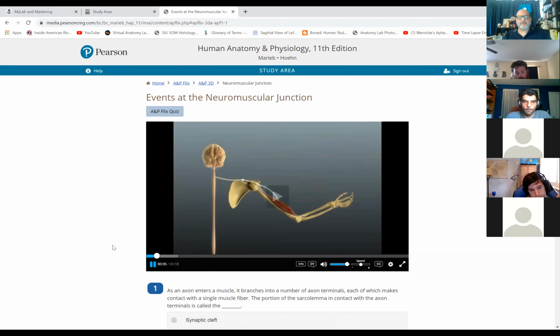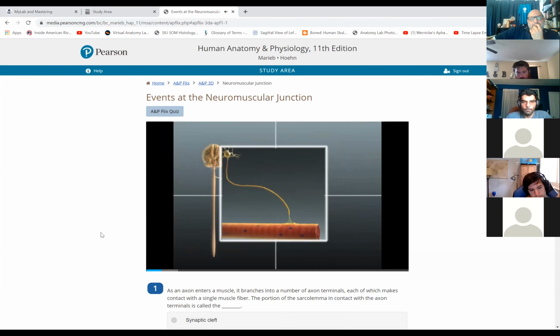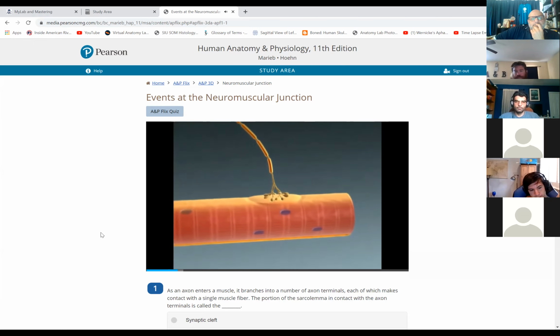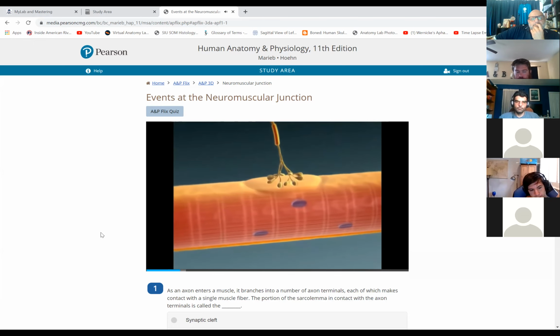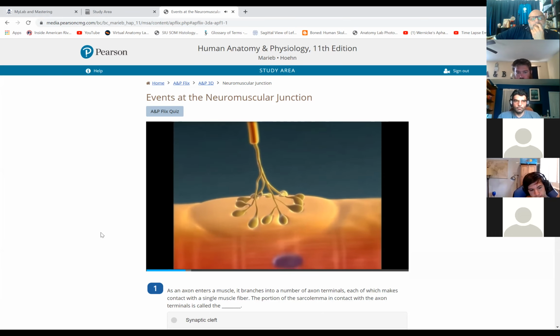Travel from the brain or spinal cord to trigger the contraction of skeletal muscles. An action potential propagates down a motor neuron to a skeletal muscle fiber. The site where a motor neuron excites a skeletal muscle fiber is called the neuromuscular junction.